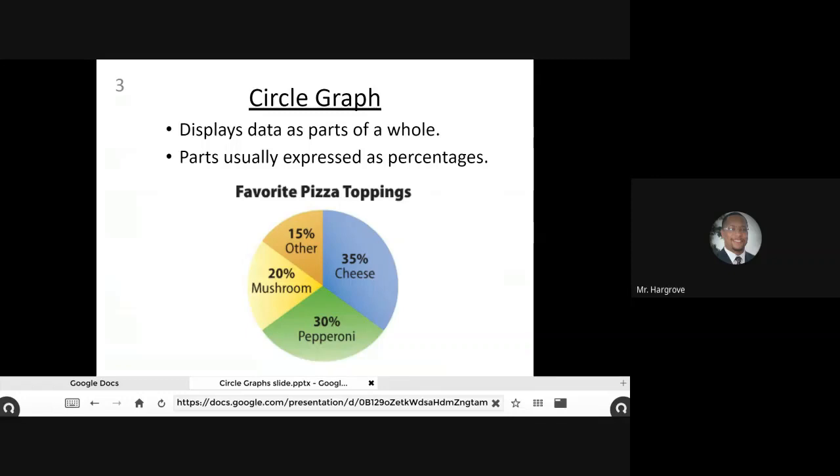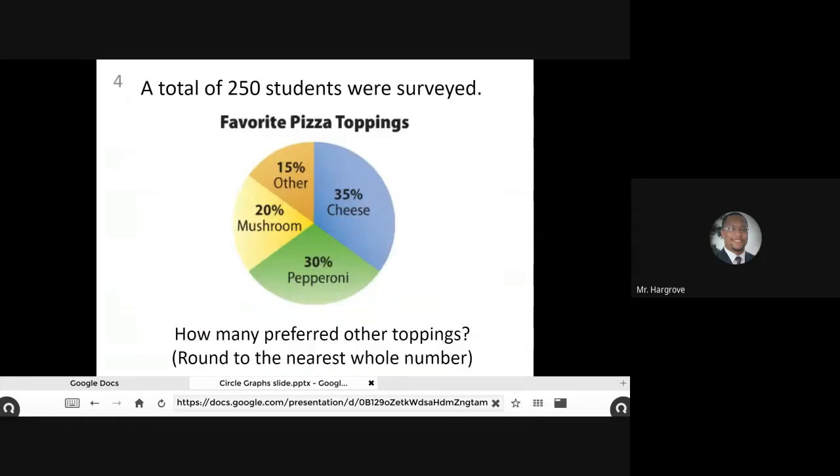So that means that a group of people was asked what their favorite pizza toppings are, and out of that group, 35% said cheese, 30% said pepperoni, 20% said mushroom, and 15% said other. Now, with this information, we can answer some questions.